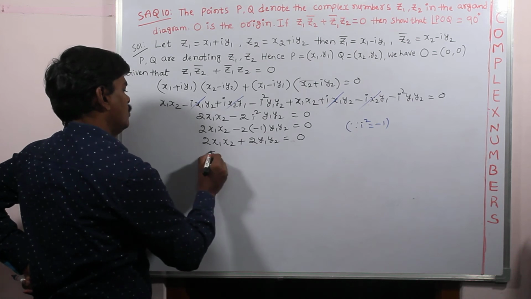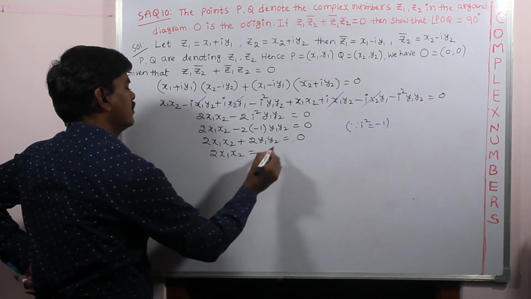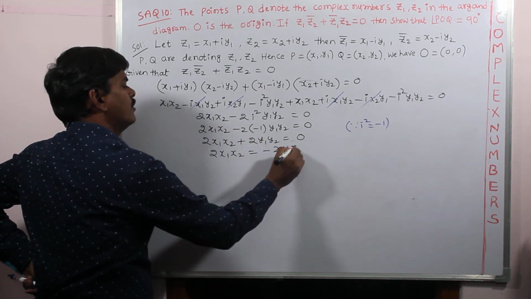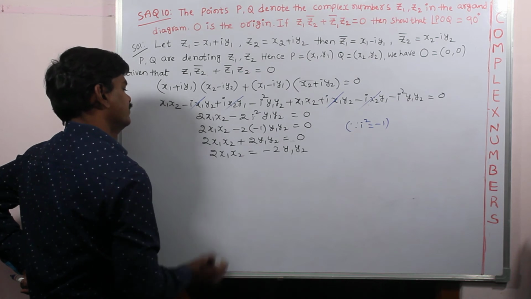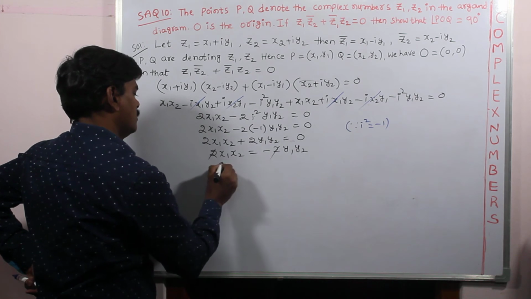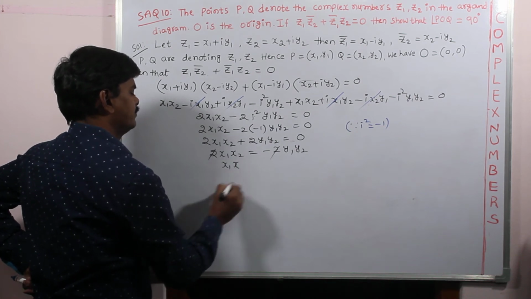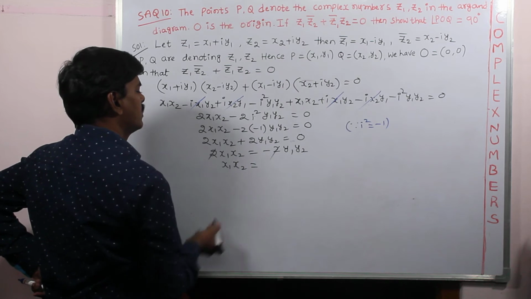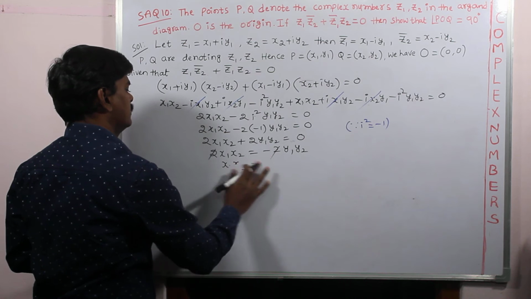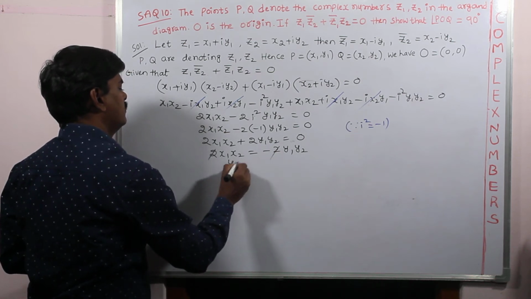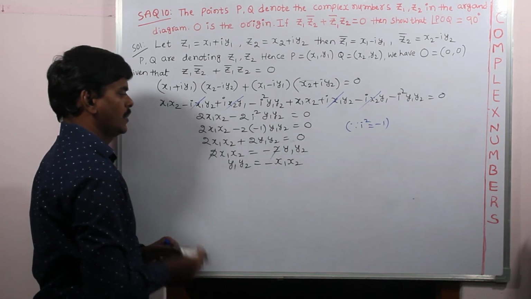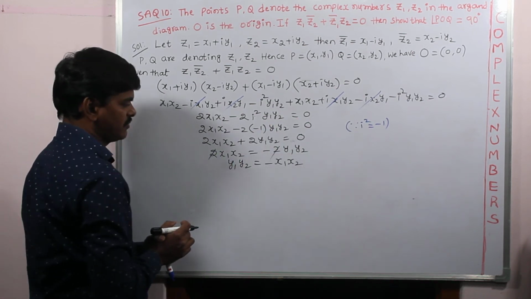Now 2 x1 x2 equals, on transposition, plus 2 y1 y2 becomes minus 2 y1 y2. Now 2 gets cancelled. So x1 x2 is equal to minus y1 y2, or better to have y1 y2 this side. So we can write y1 y2 is equal to minus x1 x2.